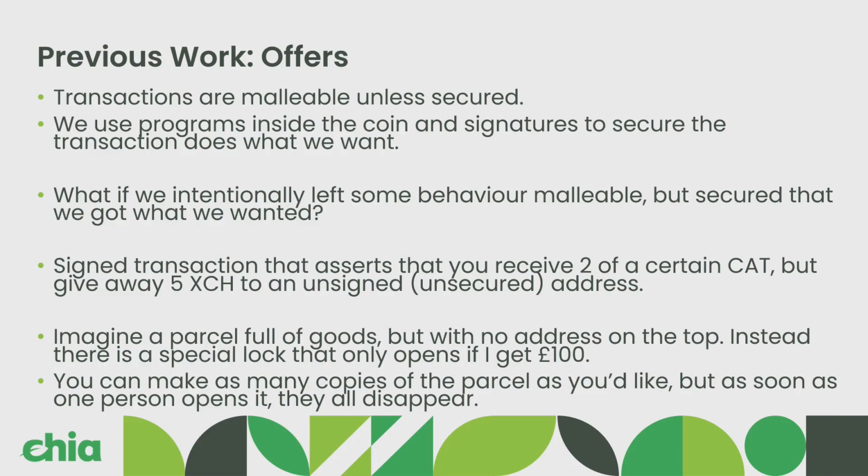This transaction is only valid if someone pays me 2 of this stable coin. And then you would also, in the transaction, say, I am spending 5 Chia to an unsigned address. And what this means is someone can take that, and it's not valid on its own, but as long as they give you that 2 stablecoin CAT, that becomes valid, and they can securely take the 5 extra that are being offered.